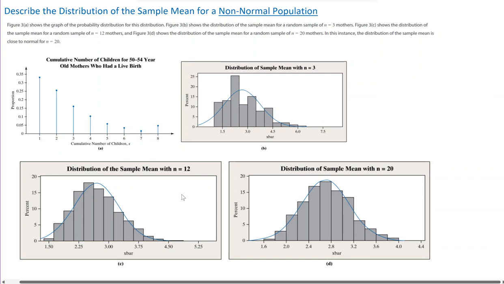And you can see that as we increase that sample size from 12 all the way up to a sample size of 20, the sample means from each one of these samples end up taking the shape in the long run of a normal curve, which is what we want. We cannot apply a normal model to a skewed or non-normal population without doing something.